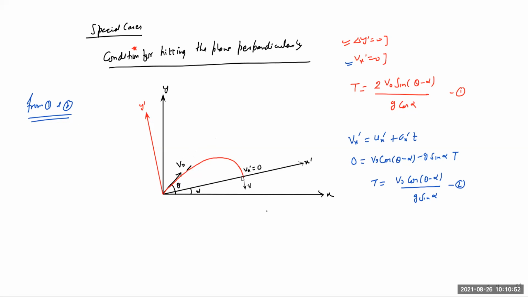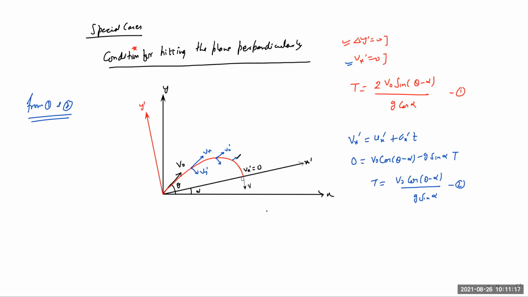See, that's wrong. You're not getting the point. At any instant, I always try to resolve the velocity in two directions. So at this instant, you will have some value of Vx and some value of Vy, or you can say Vy dash. Every time we can always express Vx dash and Vy dash.